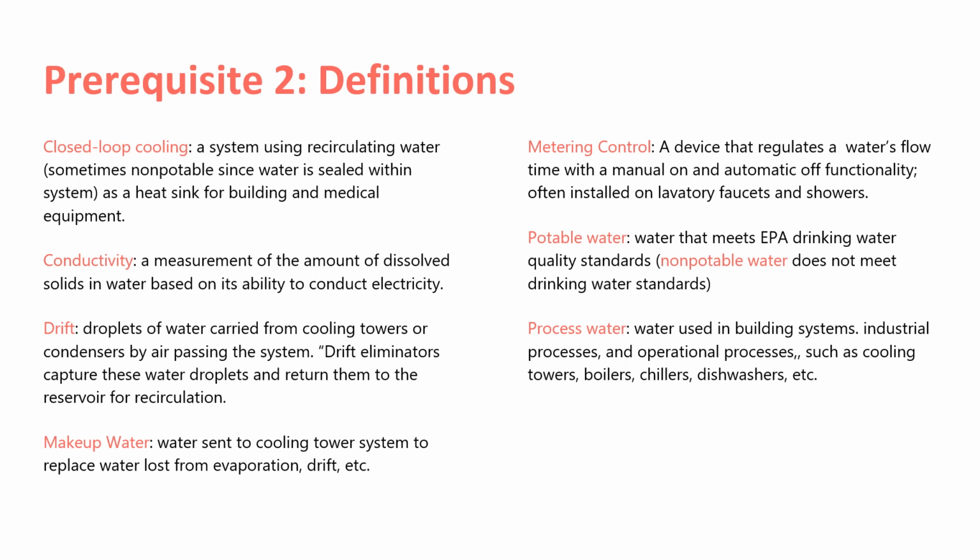Non-potable means that it's water that doesn't meet these standards. Processed water, water used in buildings, industrial processes, operational processes, cooling towers, boilers, etc. And we highly recommend looking at all the other definitions before moving forward.